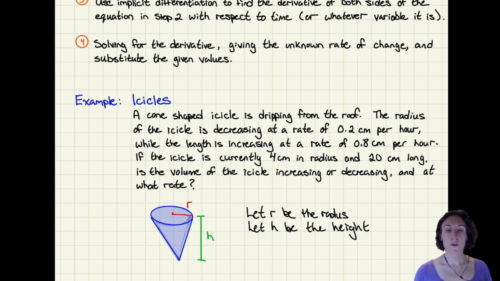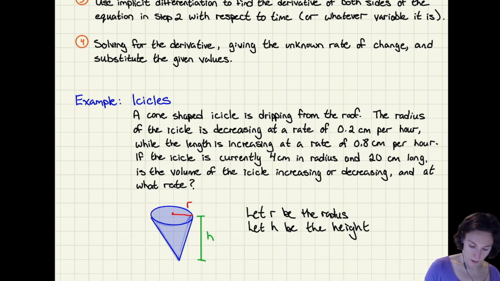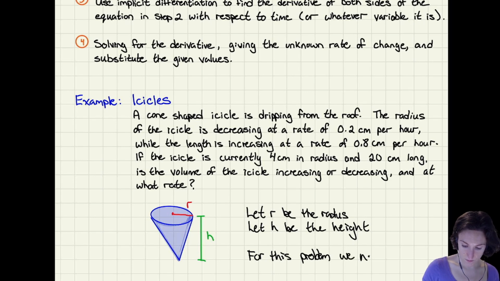And we know the formula for the volume of an icicle. Now, why am I using volume? Because we want to know if the volume is increasing or decreasing. Okay, so for this problem, we need the formula for the volume of a cone.